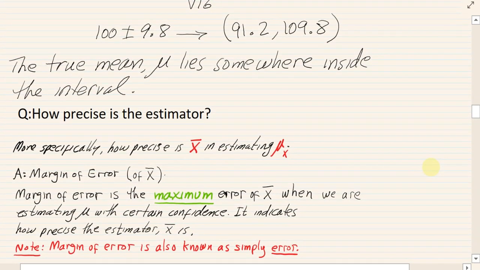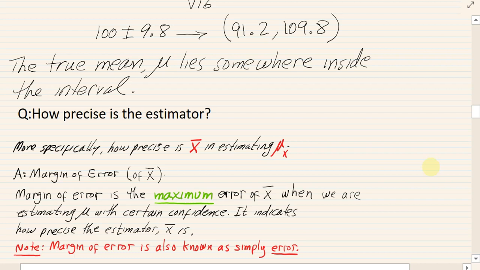The margin of error is the maximum error possible that we make when we use x bar to estimate mu. For example, if I estimate the average parcel on a UPS truck weighs 12 pounds, that estimate of 12 pounds could be off by, let's say, no more than 2 pounds. That's my margin of error. It's the maximum error of your estimator.